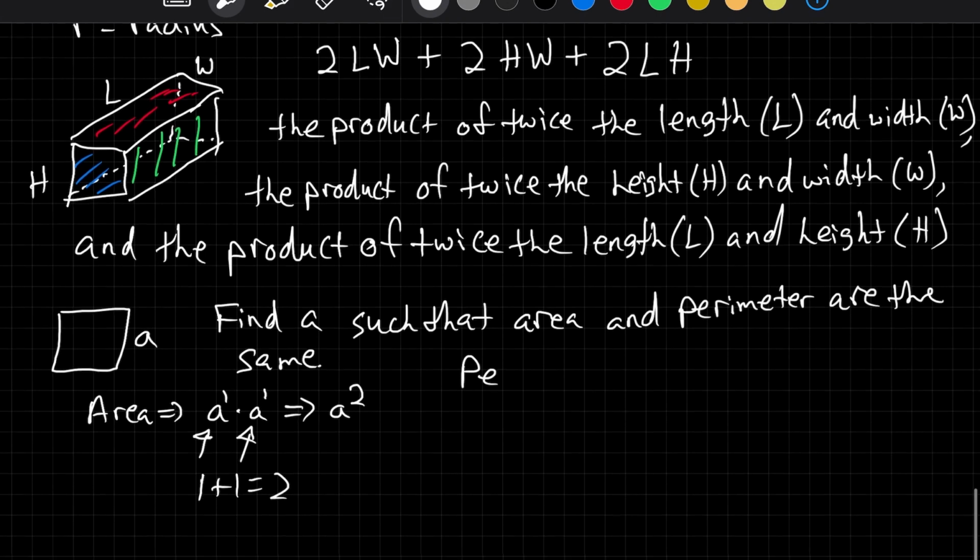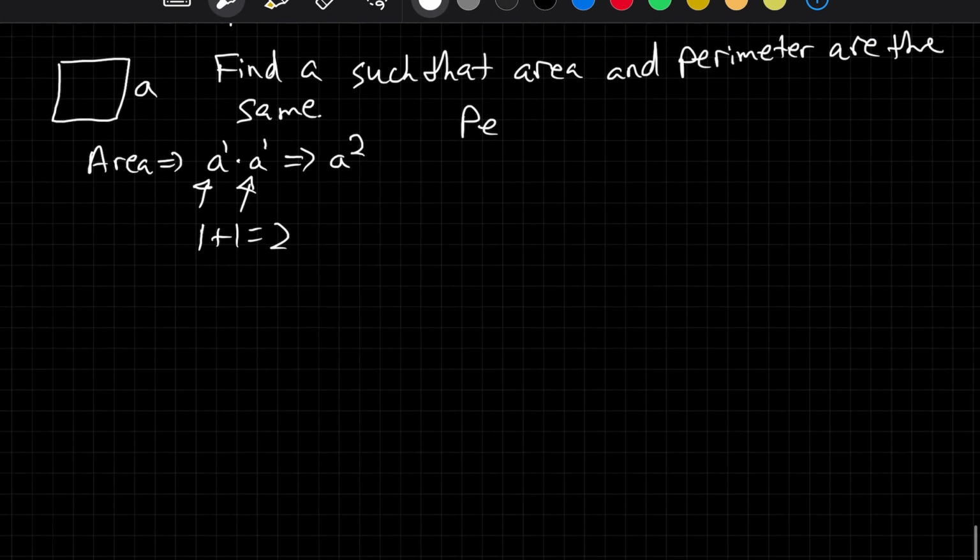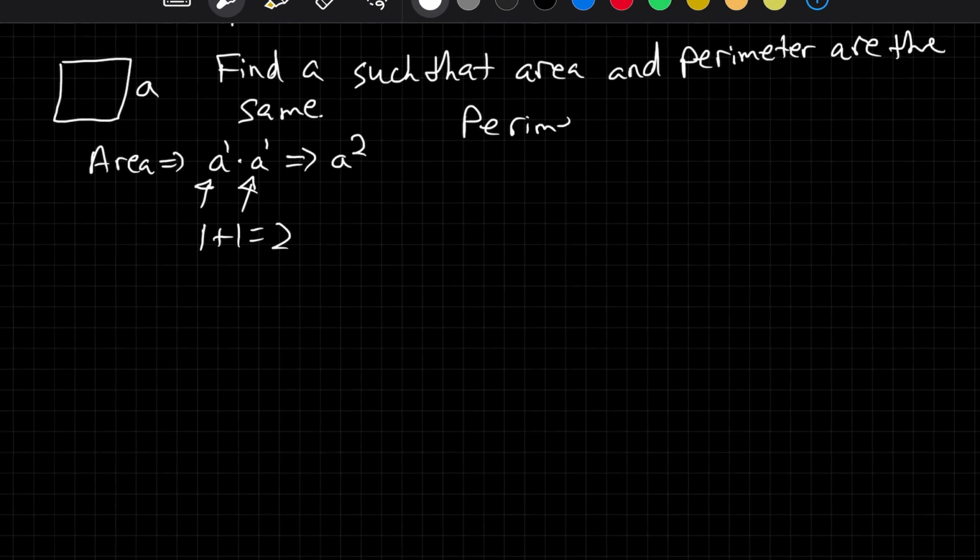Okay? Now what's the perimeter of, so this was area. Perimeter, let's move this up so we don't get confused from our previous problem. Perimeter would be each of the four sides added together. A plus A plus A plus A. So what's another way to write this?